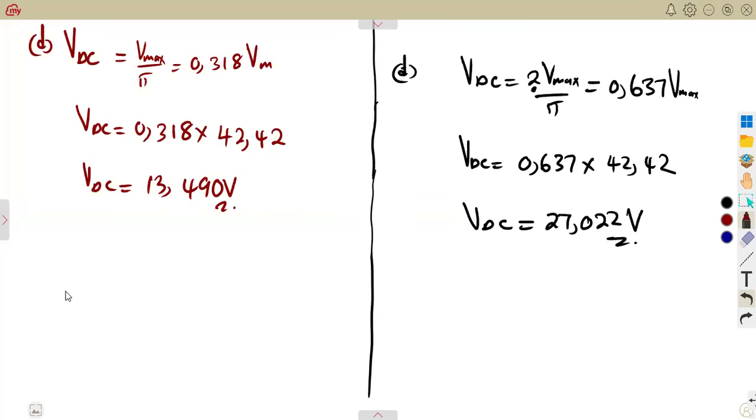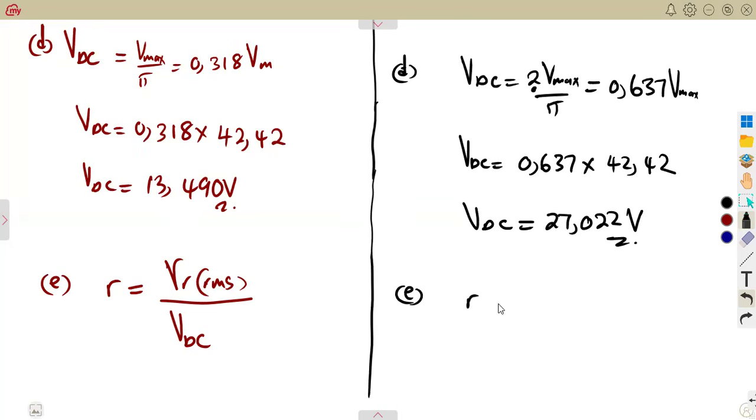All right, so considering the ripple factor, remember that the ripple factor R is simply the ripple RMS voltage over the average DC voltage. And that is the same even if we consider a full wave. That is our ripple RMS voltage over the average DC.